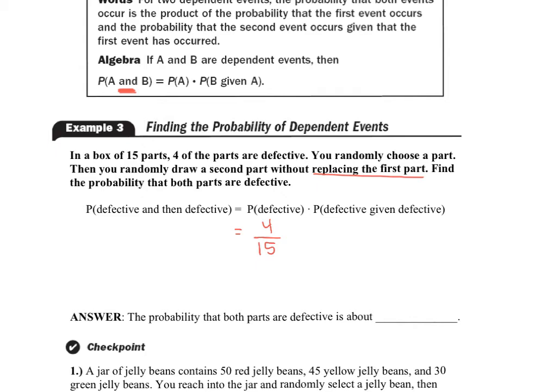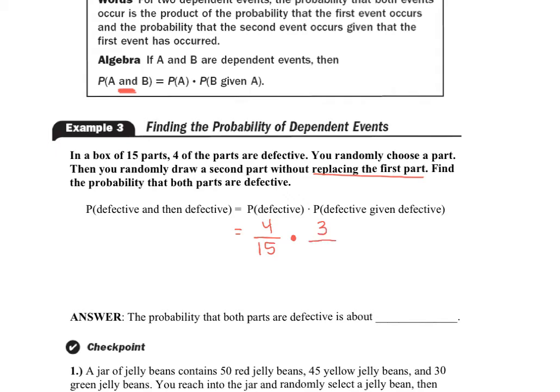Now, here's where it gets a little bit tricky. You are going to multiply that by the probability that the second part you pick is defective, assuming that the first part that you picked was defective, okay? Because if both events need to happen, then you have to assume that the first part was defective. So now, instead of 4 defective parts in my box, there are only 3, because 1 got chosen in the first event.